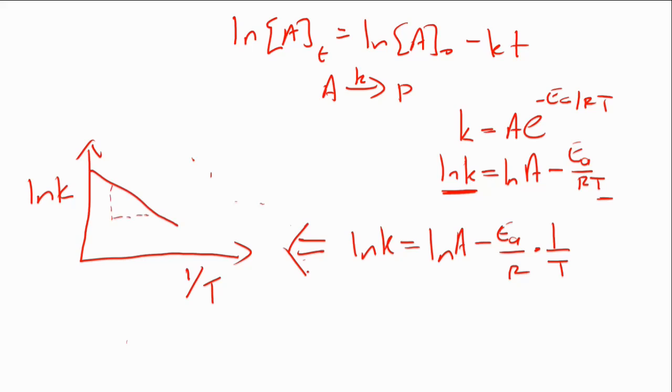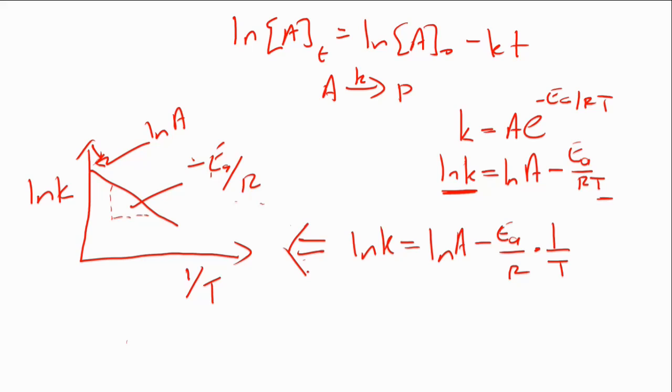That slope will be equal to minus EA over R. And of course, the intercept right here would be ln A. That's some important information that you can use the Arrhenius equation to get to. Okay? That's important.